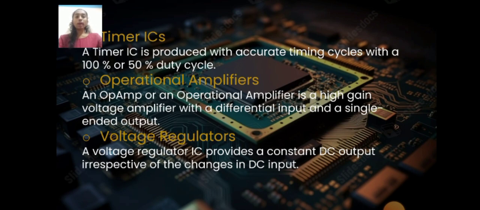Next, operational amplifiers. An operational amplifier is a high gain voltage amplifier with a differential input and single-ended output. Voltage regulators. A voltage regulator IC provides a constant DC output irrespective of the change in DC input.